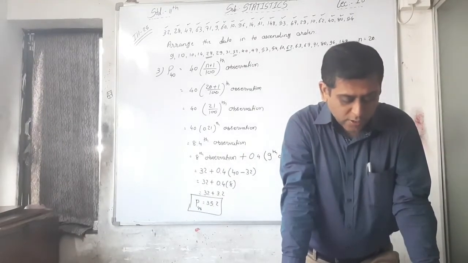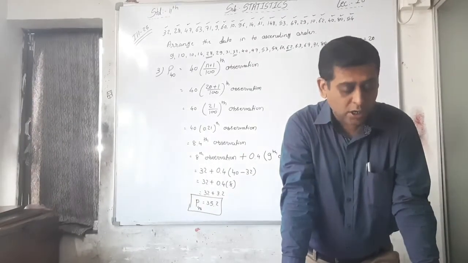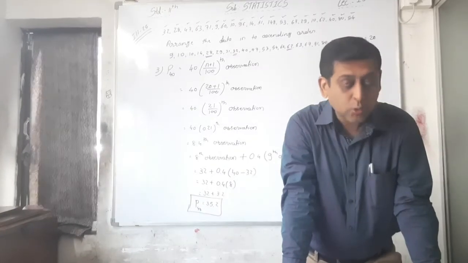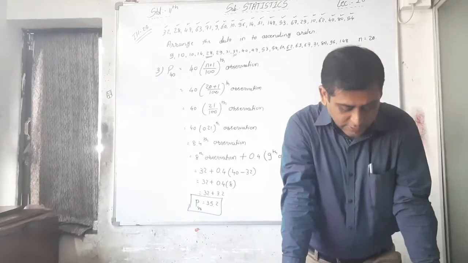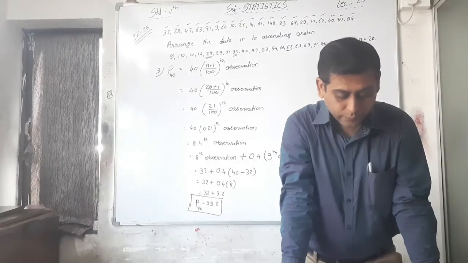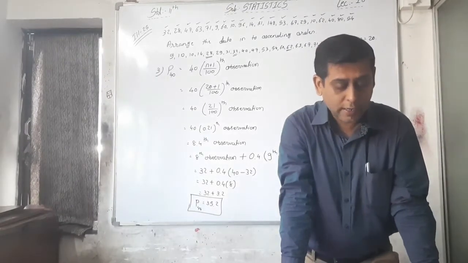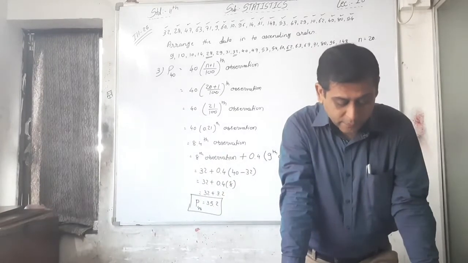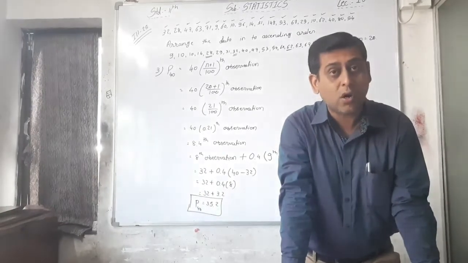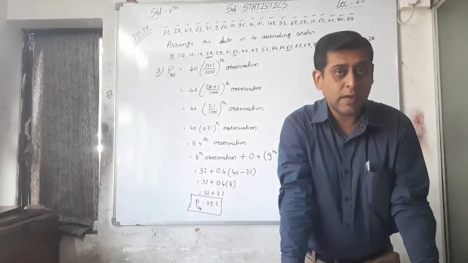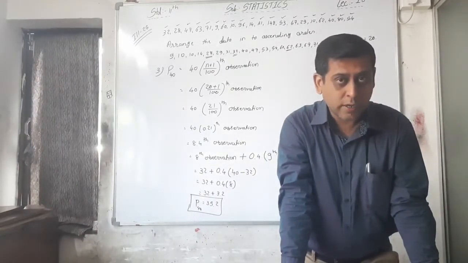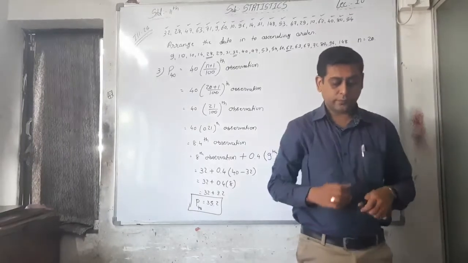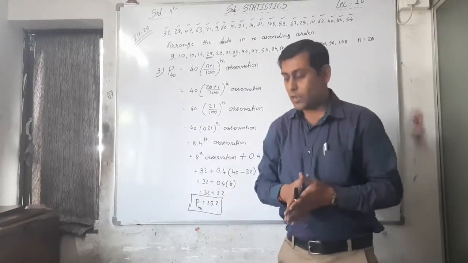And we have to find out here Q3, that is third quartile, then D2, that is second decile, and then P55, that is 55 percentile. Okay, and then interpret them. We have to also interpret all the answers, that is Q3, D2 and P55. Okay, so first of all I am writing the question.